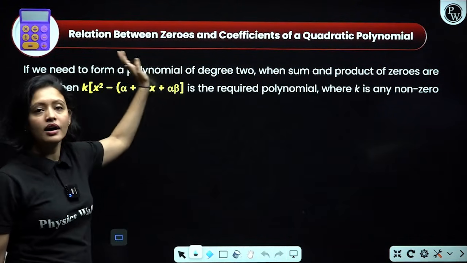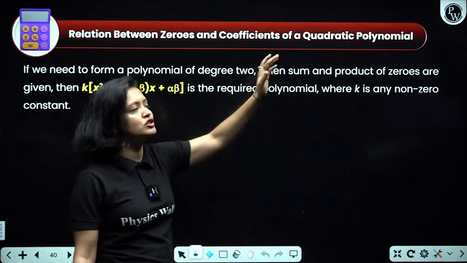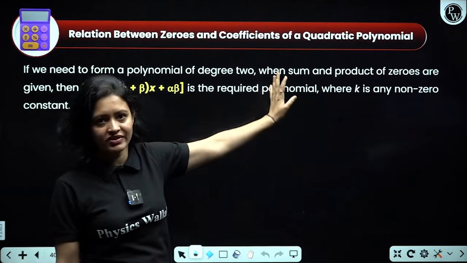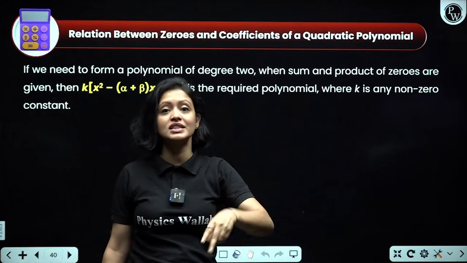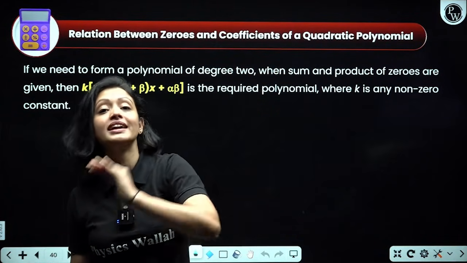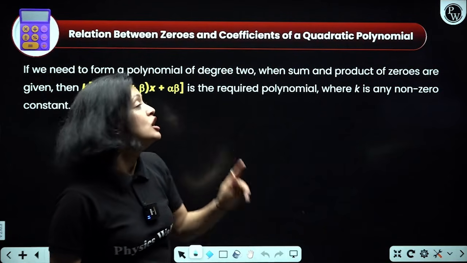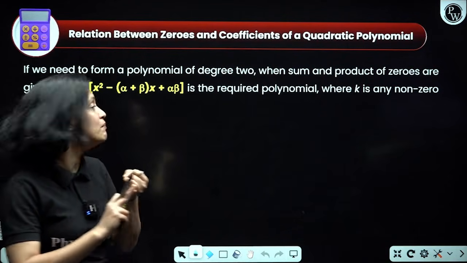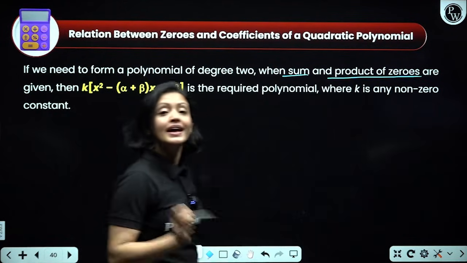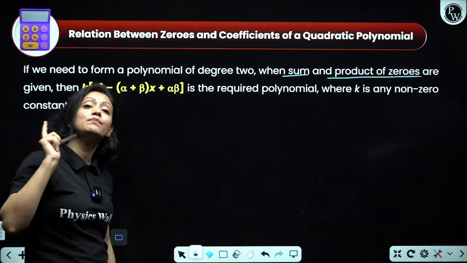See, relationship between zeros and coefficients of a quadratic polynomial. So from this we have one variety of question that we have discussed. Now the second type of question that is also very common is where you have to find a quadratic polynomial. So remember guys, whenever sum of zeros and product of zeros are given to you, then how can you find the quadratic polynomial?